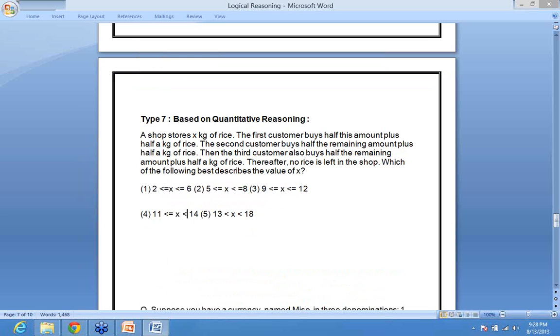I am not able to put it in the correct shape, but still I think it should be understandable. Okay. These type of questions are based on quantitative reasoning. This is the type 7.